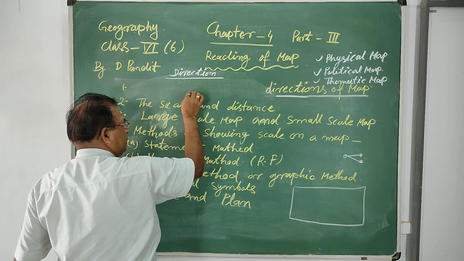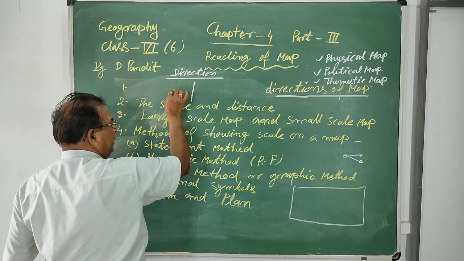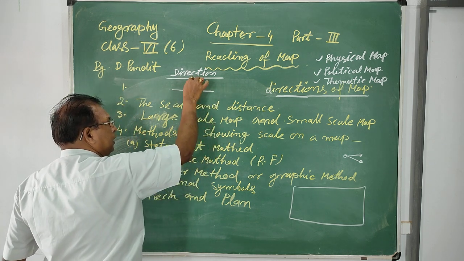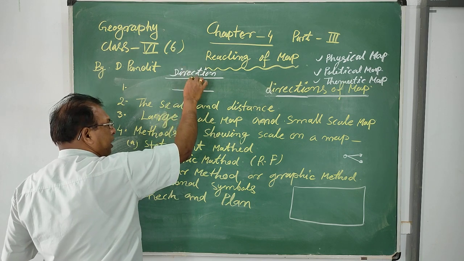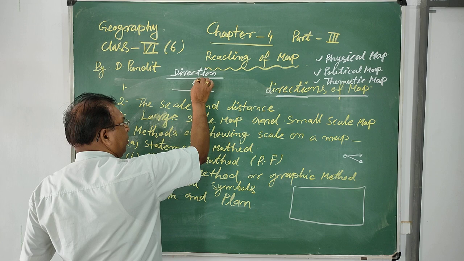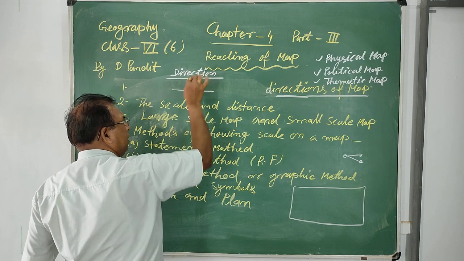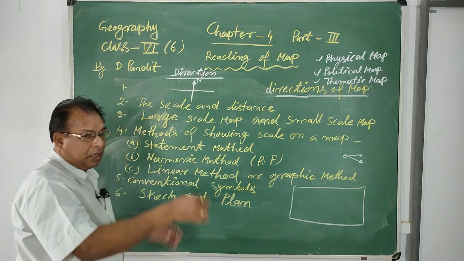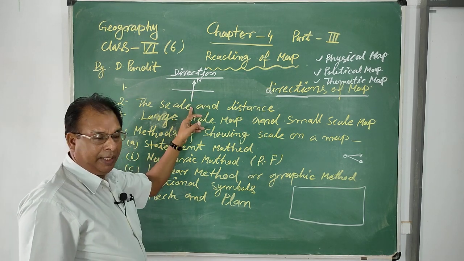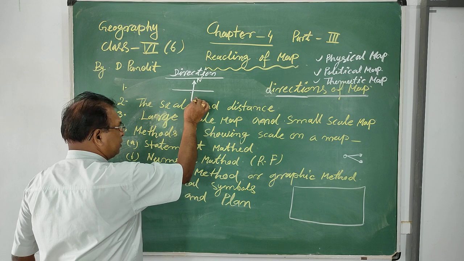First, I have drawn an imaginary line on the blackboard. The upper portion, or the needle on the map, shows north. The opposite direction, that means the bottom of this line, shows the south.